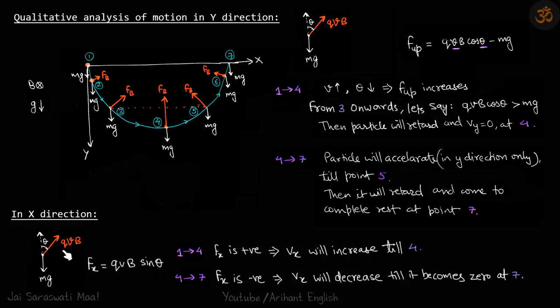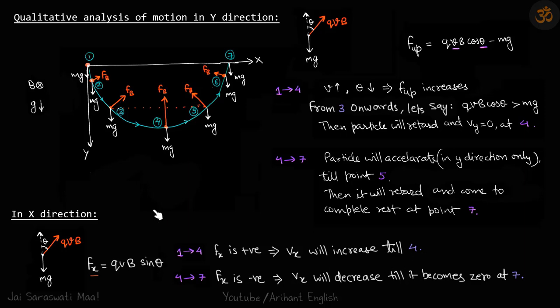So in x direction, the force is QVB sine theta. So until 4, theta is positive. So Fx is positive. So from 1 to 4, Fx is positive, implying Vx will increase till 4.